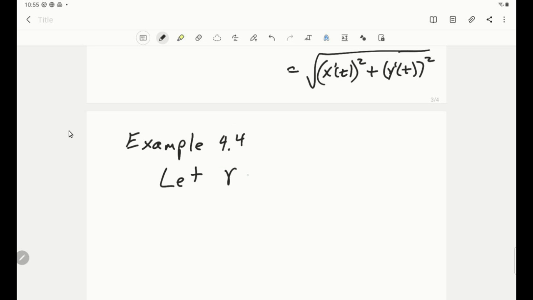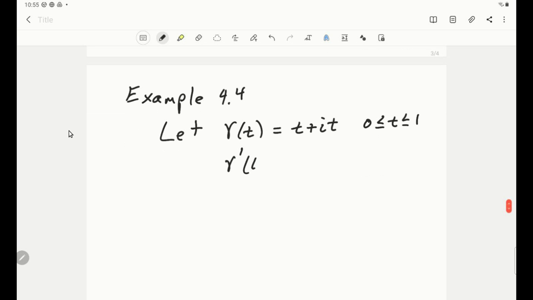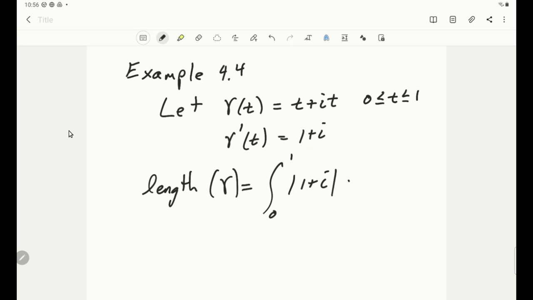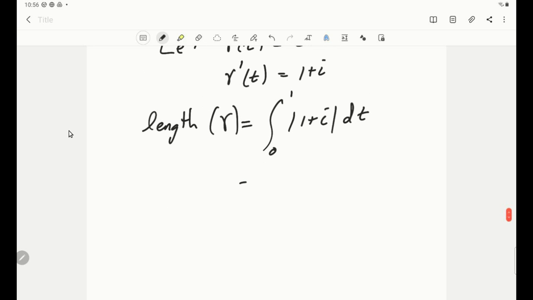Let gamma of t equal t plus it, 0 less than or equal to t less than or equal to 1, and then gamma prime of t is 1 plus I. So our length of gamma is the integral from 0 to 1 of the magnitude of 1 plus I, because that's our gamma prime, dt.